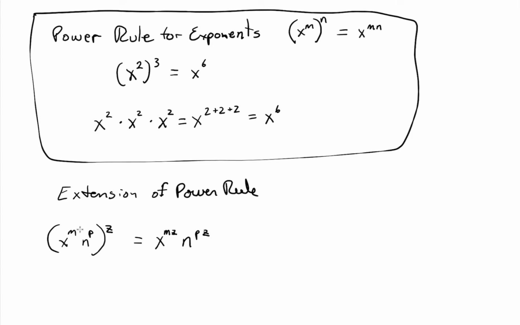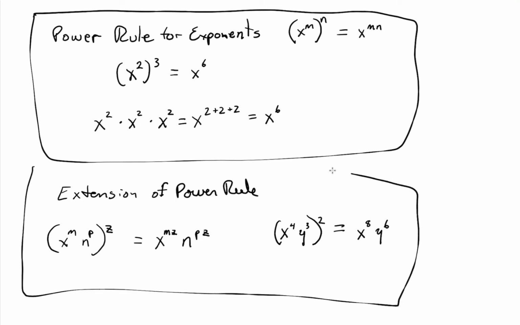So you multiply this exponent times every exponent inside the parenthesis. For instance, if we have x to the fourth times y to the third, and that's all to the second power, our answer would be x to the eighth, y to the sixth. Okay? All right, so that's another rule you want to write down and illustrate so you know how to handle that situation.